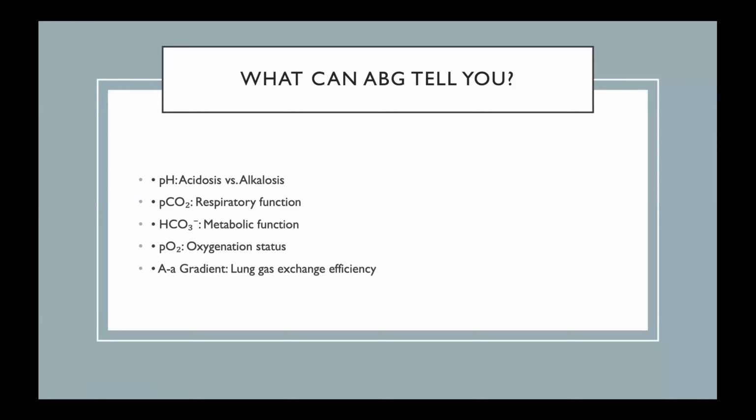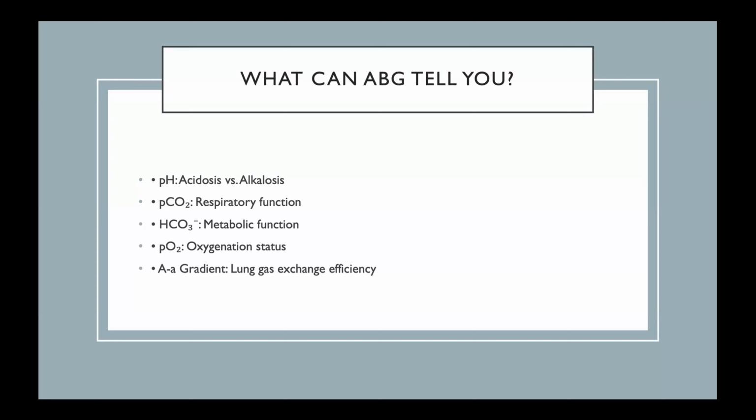Bicarbonate level reflects the metabolic function of the body, and the partial pressure of oxygen is our oxygenation status. The AA gradient is the difference between the partial pressure of oxygen in the alveolar and the arterial blood, so it gives the blood gas exchange efficiency of the lung.